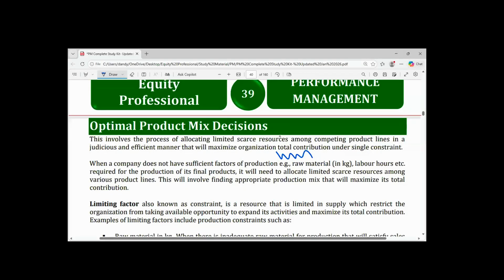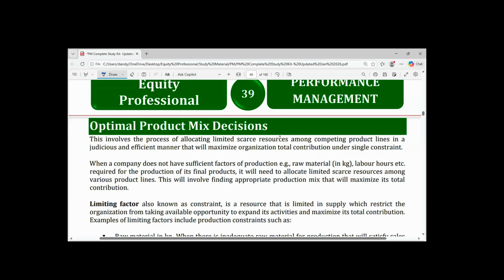Today, we are going to be dissecting the concept of optimum product mix decision. Before we dive into the lecture for the day, so far, so good. We have covered 3 different topics. We started with operating statements, where we discussed marginal and absorption costing.